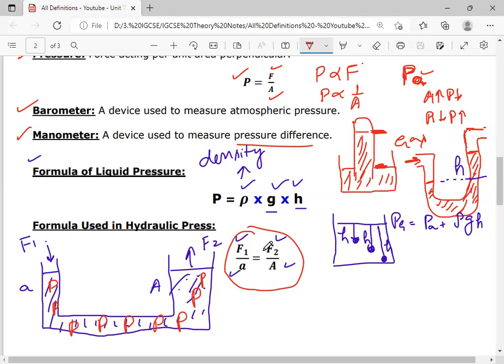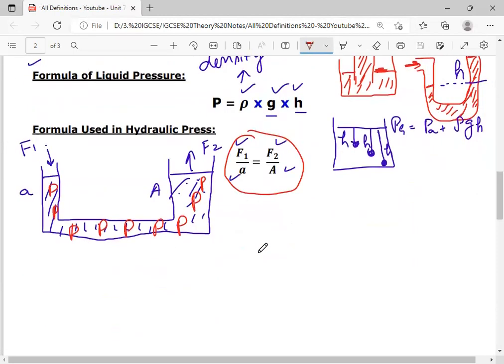There is one more definition which is unfortunately missing over here, and that is the definition of Boyle's law. In that we have studied that pressure and volume are inversely proportional to each other. Larger the pressure, smaller will be the volume; smaller the pressure, larger will be the volume.